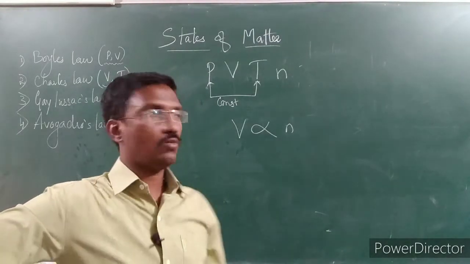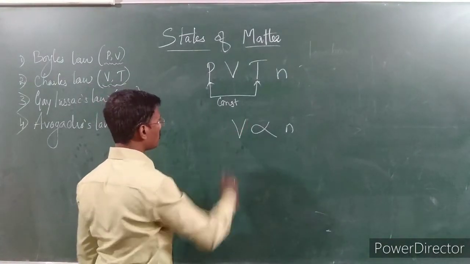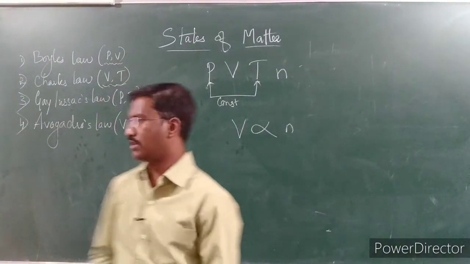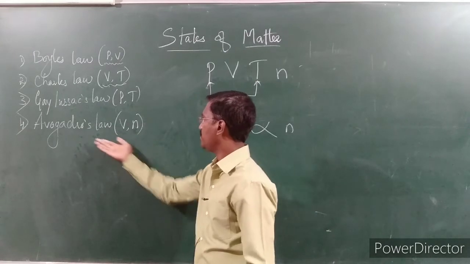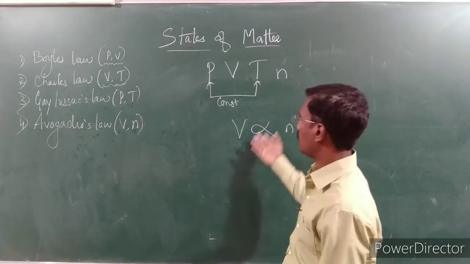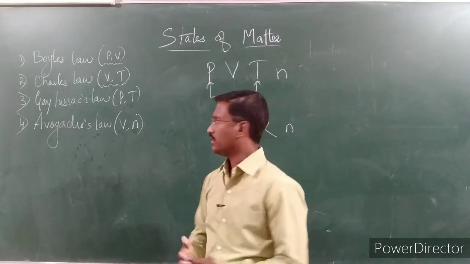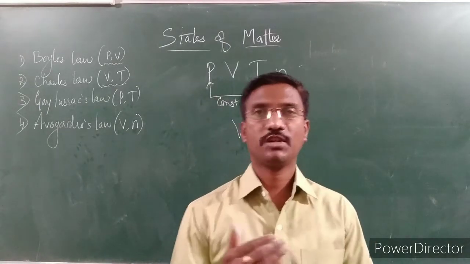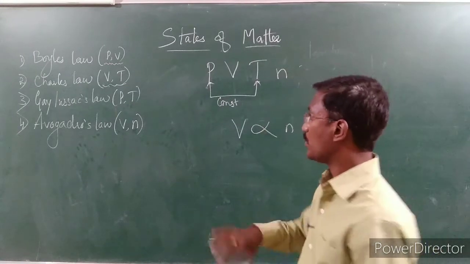For that reason, you can define it in two ways. If you feel this is the easy way, according to me, because we have defined the remaining laws in the same way, you can write the same thing. In the textbook, you can have a different statement, but you can write it in this way also.